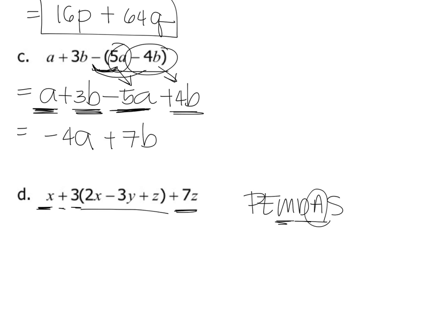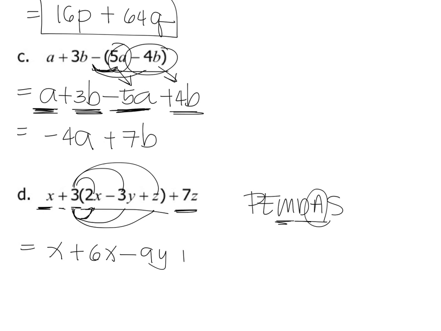So what we can do is to multiply this first, to distribute 3 to 2x, to minus 3y, and plus z. If you do that, you will get 6x, and then minus 9y, 3 times minus 3y, and then plus 3z. And then you can now write plus 7z.